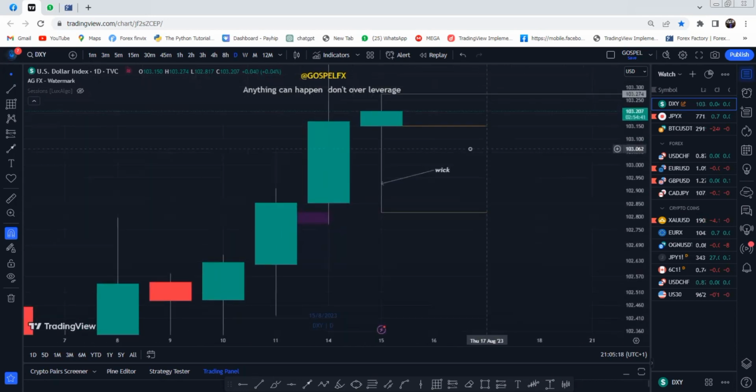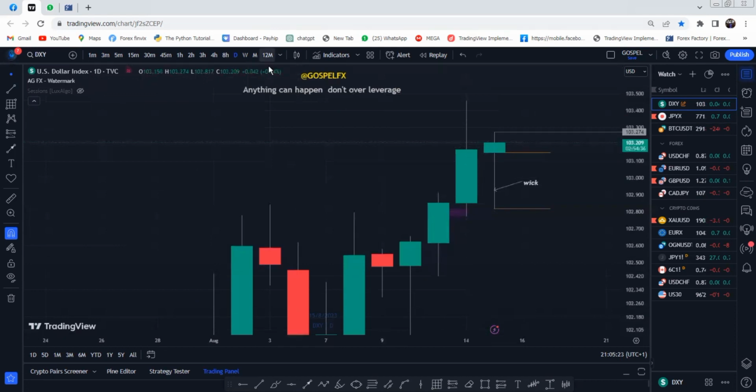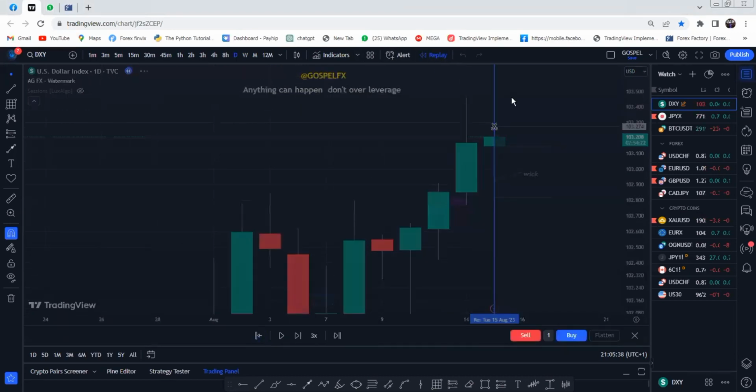Or let's do this. I'm going to hide this candlestick so that we work on a candlestick that has opened and closed already. Let me hide this one.